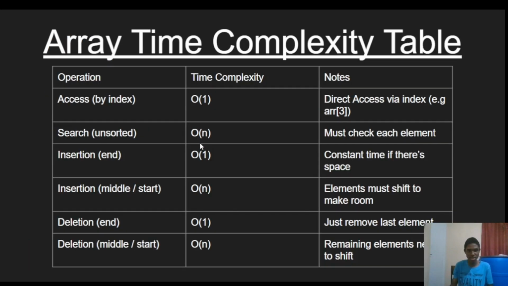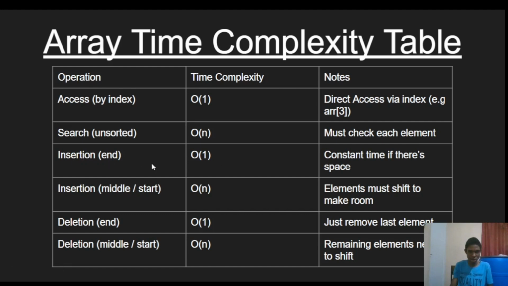So it's constant time, O of 1. Search in an unsorted array is another operation that would take O of n time, because we must check each element, meaning we have to go through each element one by one in order to find it.